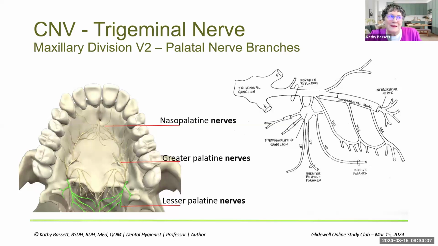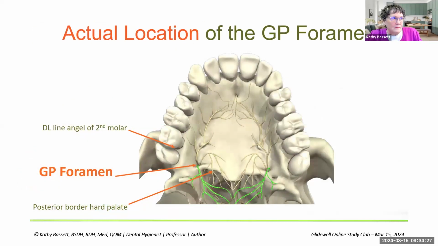So my encouragement is when you're doing significant treatment on the molars, just make it your workflow, if you will, to do that greater palatine in addition for molar anesthesia when you've given a PSA or infiltrations on first through third molars.